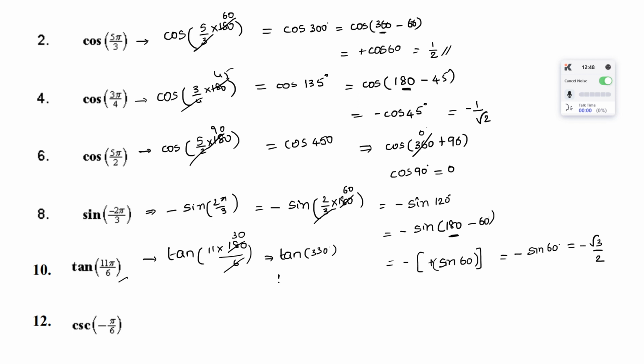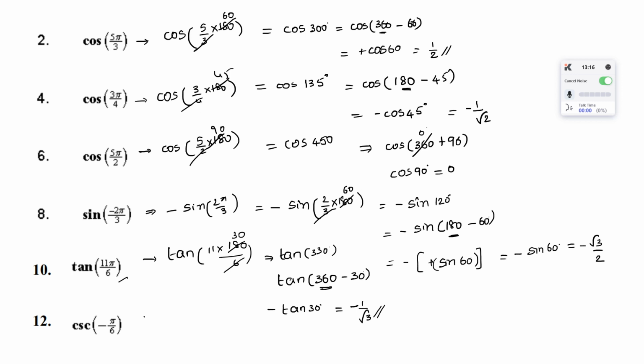And 330 can be written as tan 360 minus 30. And whenever the reference angles are 180, 360 or any even multiples of 90, there will be no change in the name. So that will become tan 30. But 360 minus belongs to fourth quadrant. In fourth quadrant, cos is positive, tan is negative. So that will become minus tan 30, which is minus 1 by root 3.